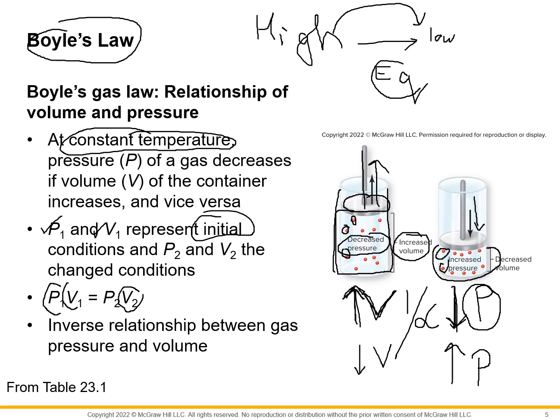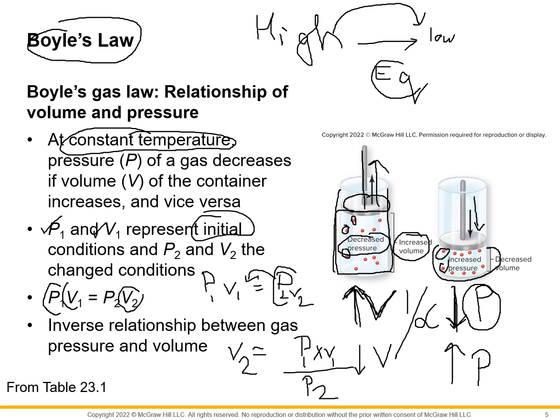So here, P1 V1 equals P2 V2. If you want to find out what the P2 variable is, you can bring it to the other side, and if you want to find out V2, essentially, you can do P1 multiplied by V1 divided by P2.